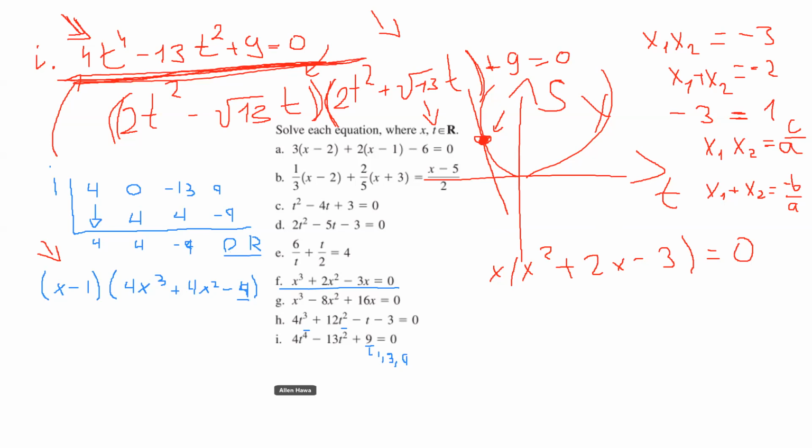Okay, so let's try 3. Negative 3 times 4 plus squared times 4.